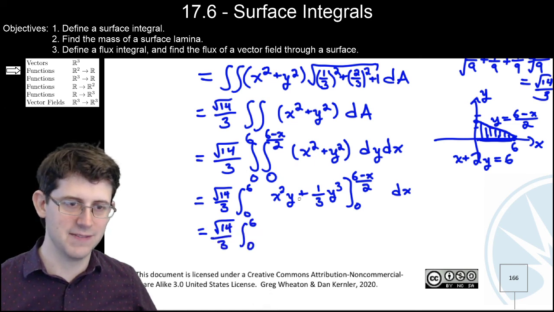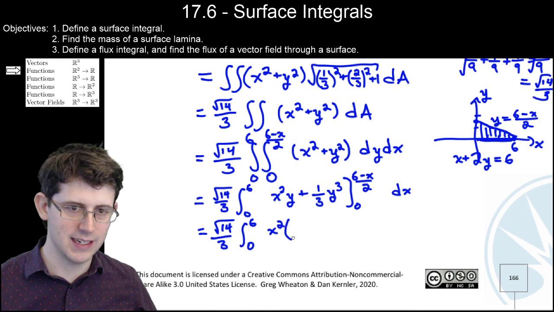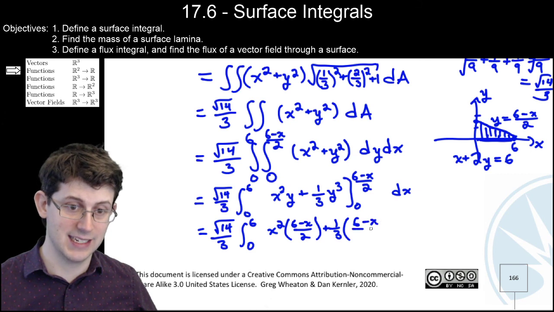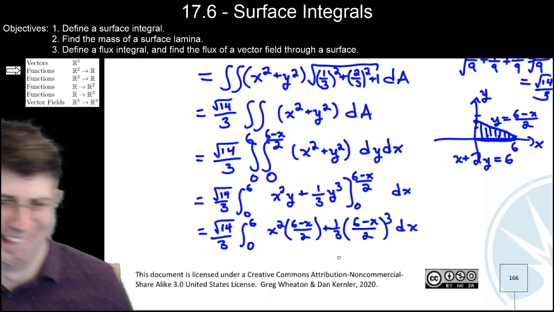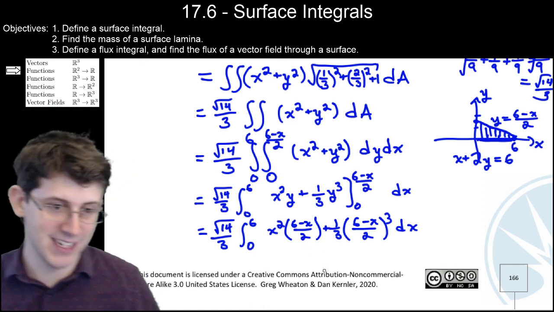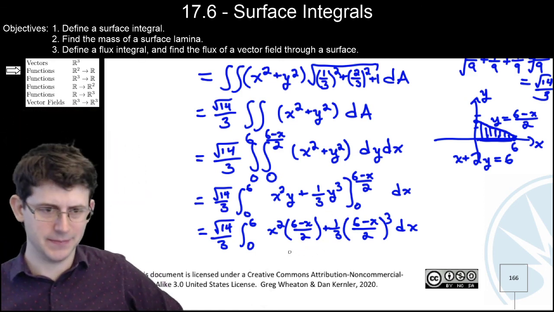Anyway, plug this in for y. I get x squared times (6 minus x) over 2 plus a third ((6 minus x) over 2) cubed. Ugh, I'm so uncomfortable. Okay.